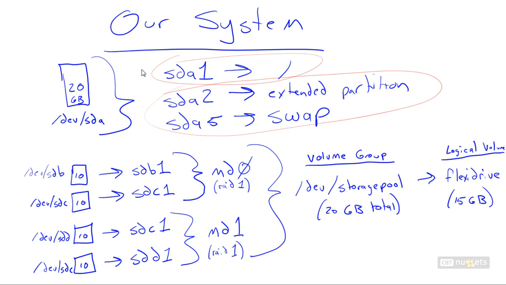What I did is I added 4 more drives, 10 gigabytes each. So /dev/sdb, /dev/sdc, sdd, and sde. That's an E, in case you can't see that. These are all 10 gigabyte hard drives. And I created a partition of type Linux RAID.